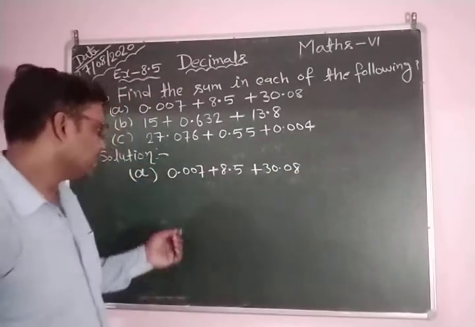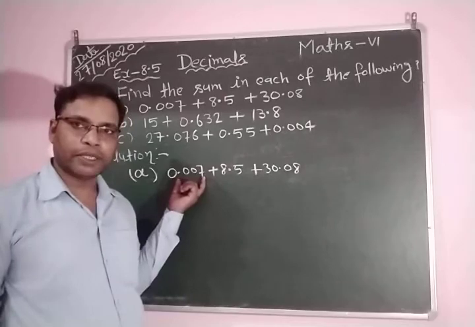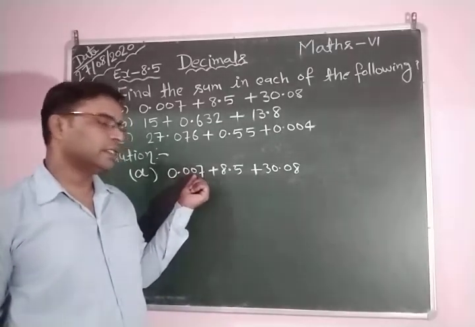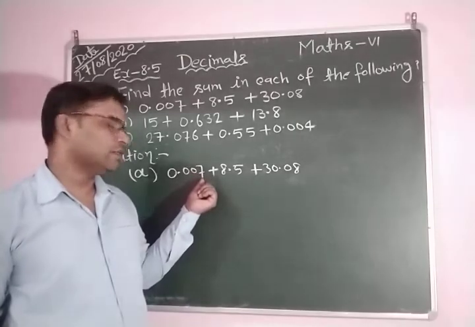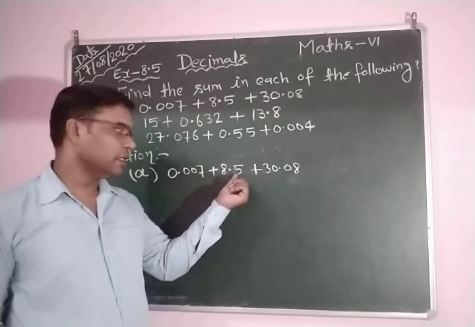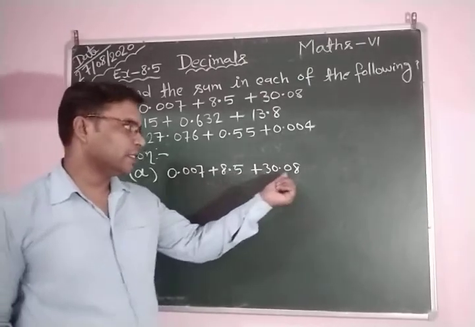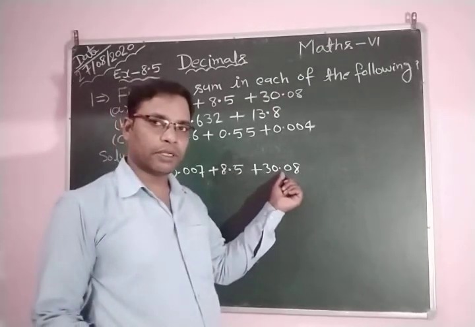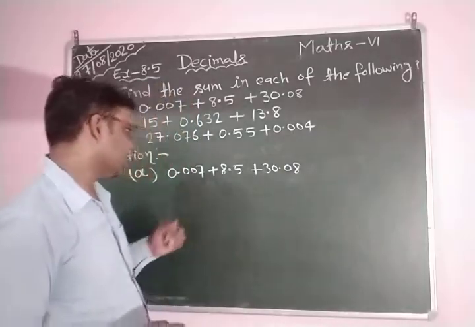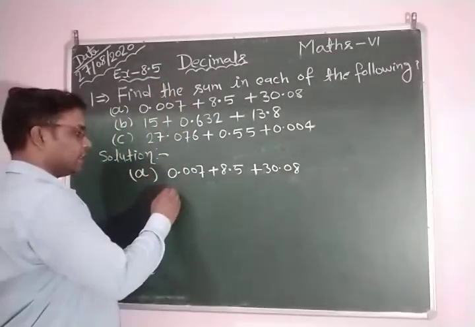Okay, so you can see here these numbers have digits at the 10th place, 100th place, and 1000th place. Here after the decimal there is only the 10th place, and this number has after the decimal only the 100th place. Okay, so how to sum these numbers is like this.